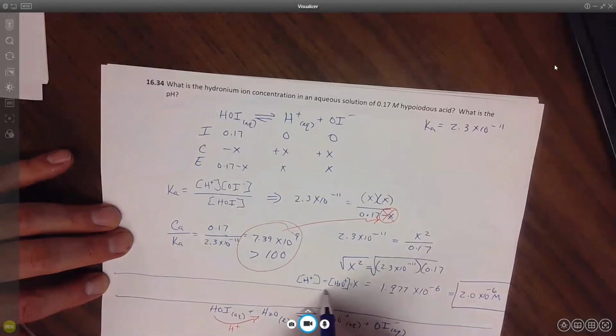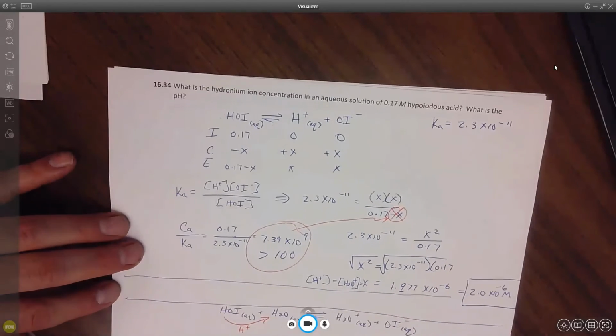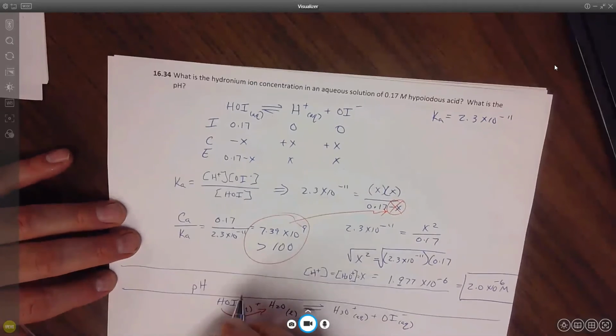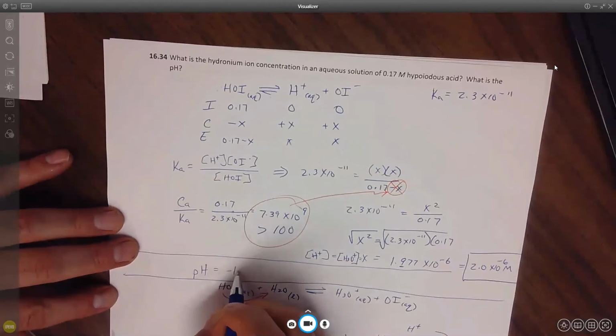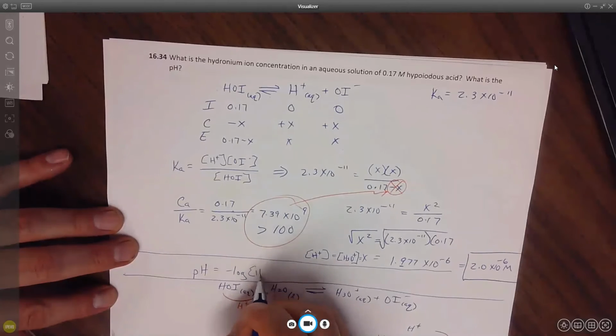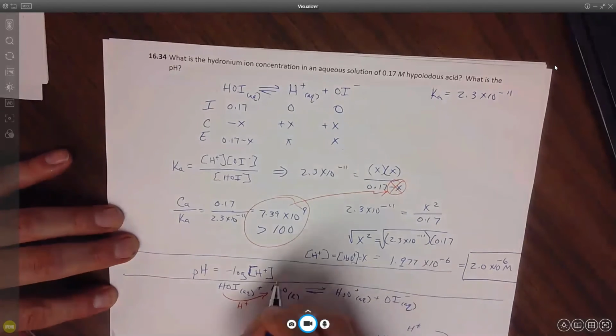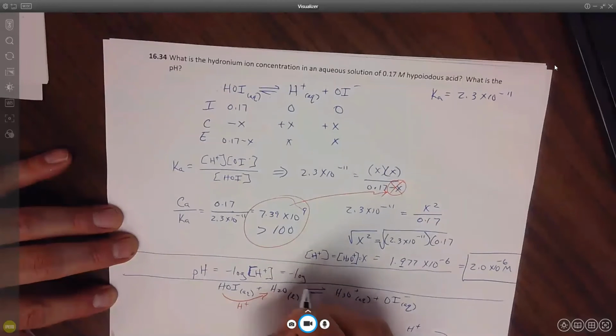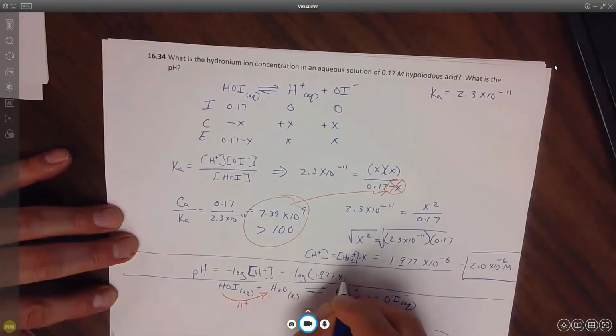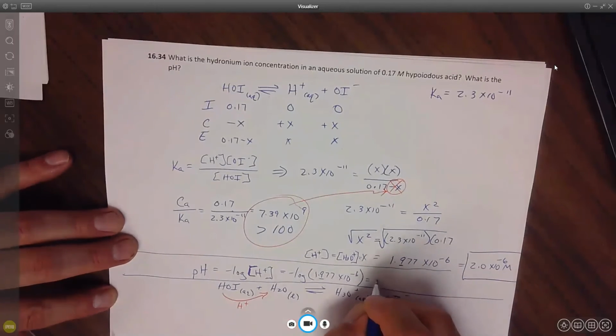Okay, so the second part of this, they just wanted the pH. And the pH, of course, is nothing more than the negative log of the hydrogen or hydronium ion concentration, which is the negative log of our unrounded value, 1.977 times 10 to the negative 6th, which is going to give us a value of 5.7039.